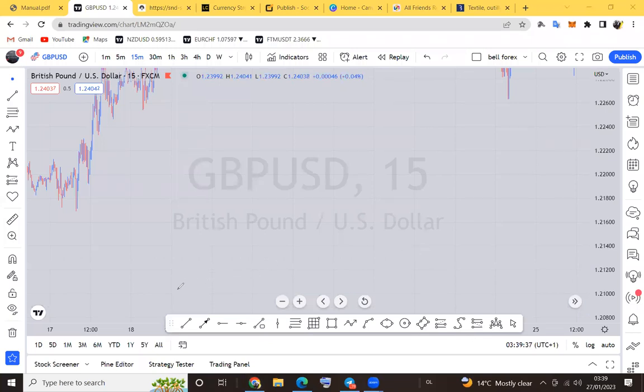A market that is going up, let's assume, creating higher highs and higher lows, will be forming points. This is a high, this is a high, this is a high. Sometimes, my friends, we are going to be calling this swing high, swing low.